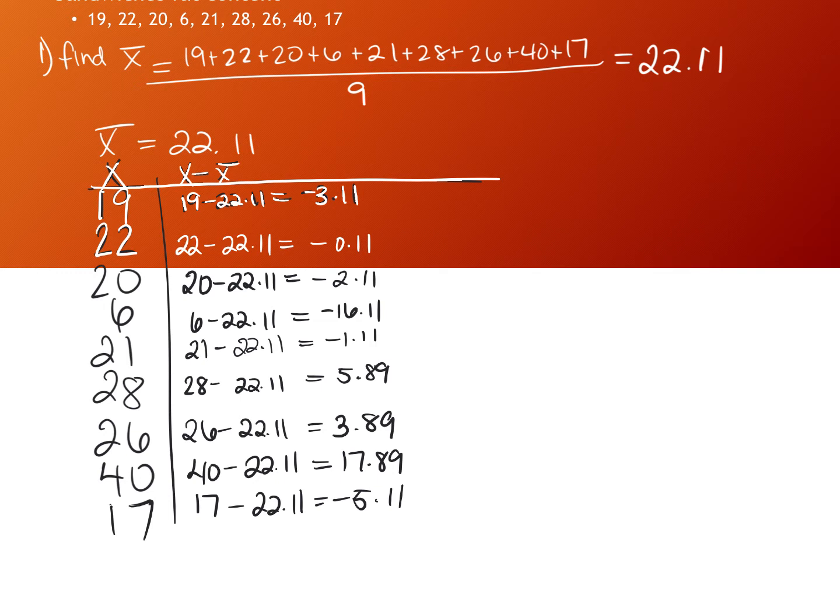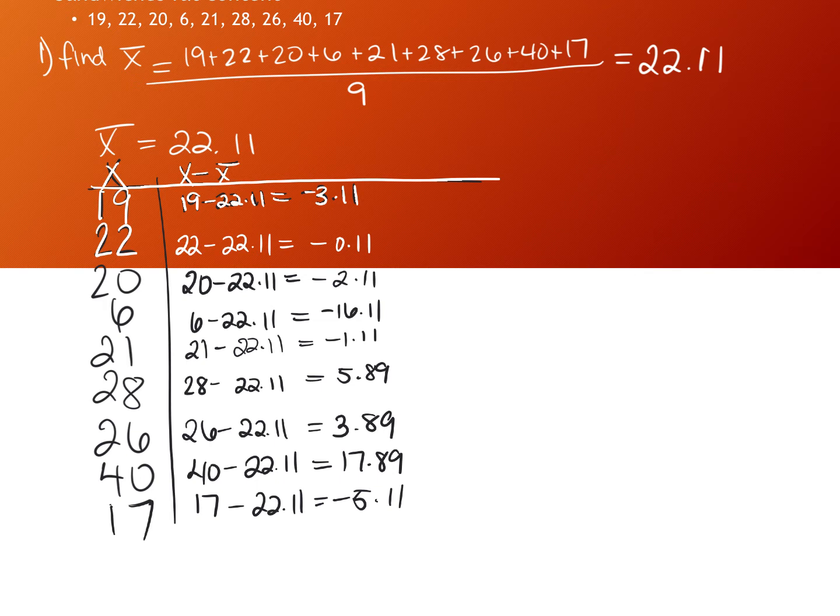So I can't just add up the deviations, because that number 0 does not tell me anything about how spread out the data is. It's not 0 because 0 would mean all of the data is the same number, and that's not what we have. So in order to deal with the fact that we have positives and negatives, and if I add them up I'm going to get 0, we square them.